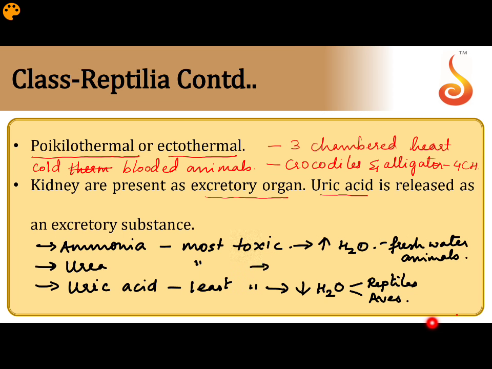Urea, as I told, is in between. It is seen in most mammals. They don't require too much water to throw it out, neither do they require very little, and it is an intermediate toxic substance.